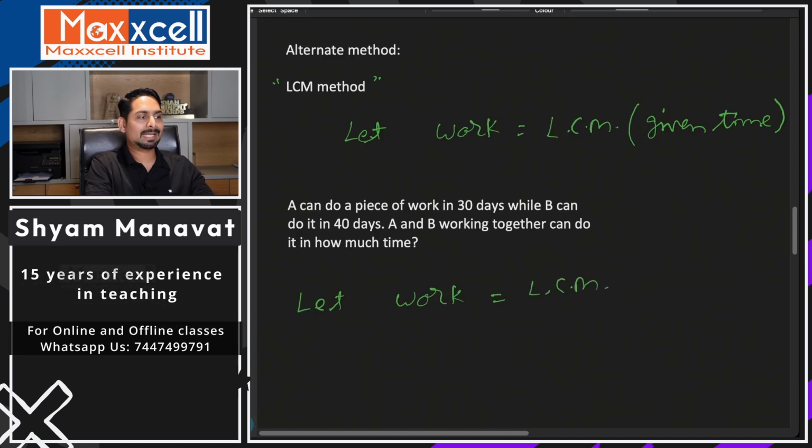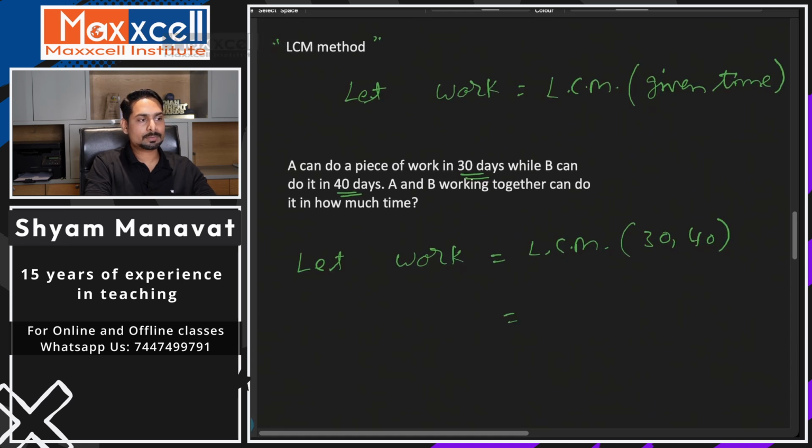So here A can do a piece of work in 30 days and B can do the same work in 40 days. I will take this time and find the LCM of 30 and 40. LCM of 30 and 40 is 120. So I can assume work as 120.